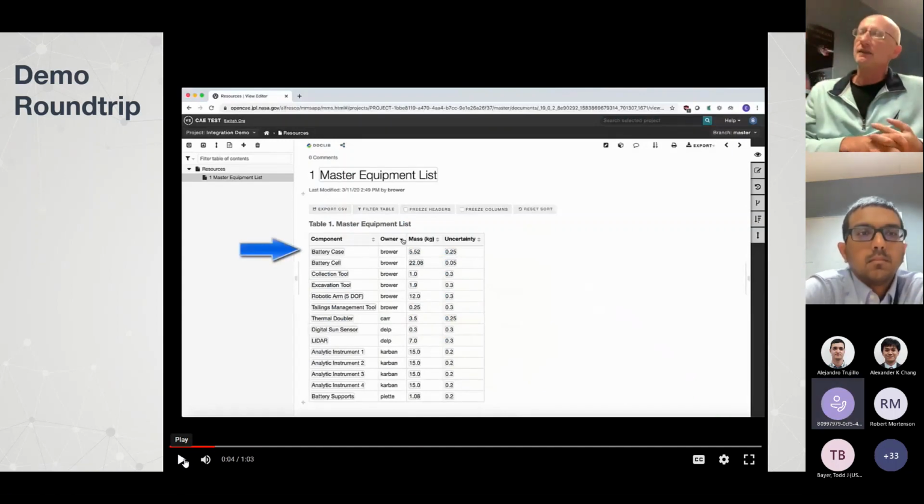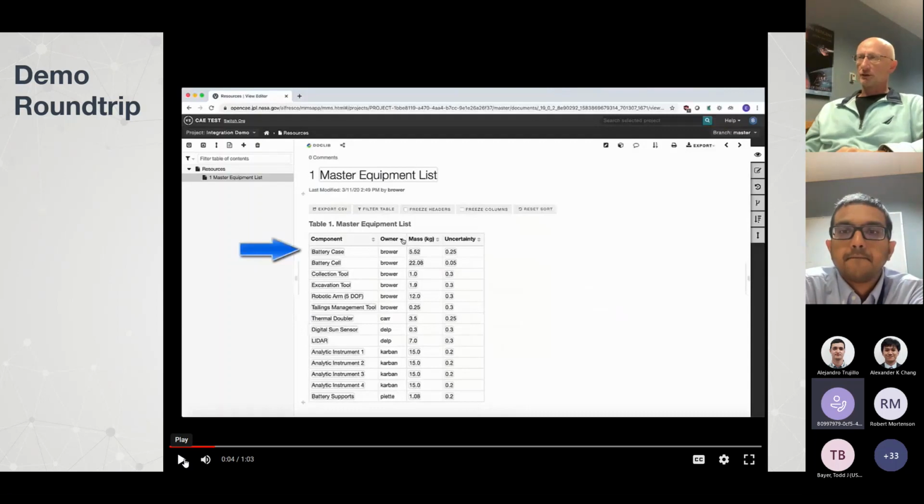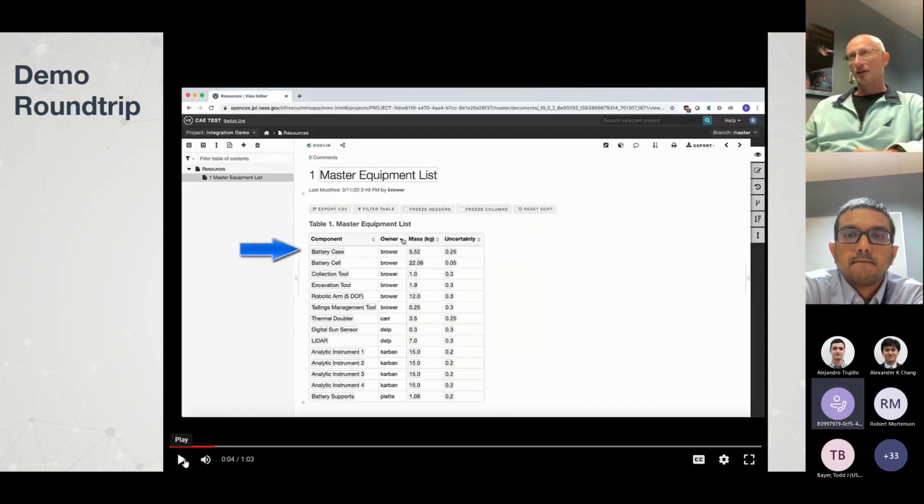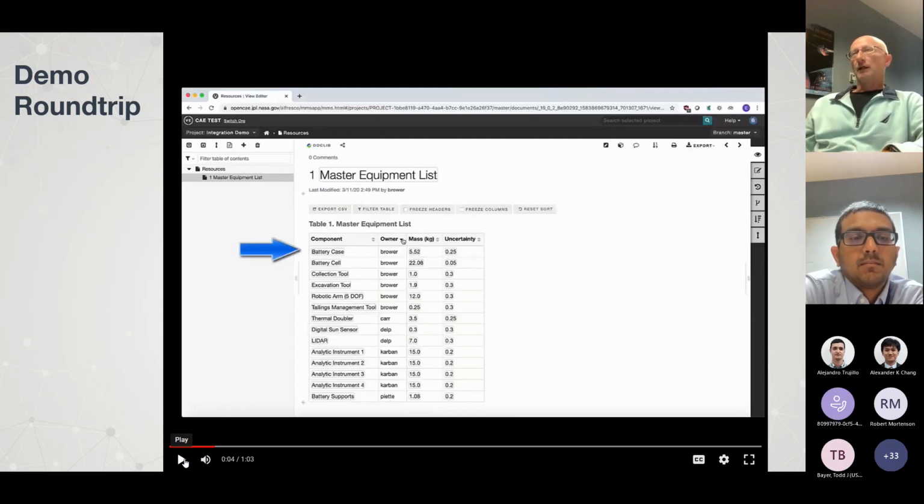So what you see here is one implementation of View Editor. The architectural versions of the OpenMBEE infrastructure are named after Futurama robots. So this is the Execubot version. And what you see is View Editor, which is the web application to author your engineering documents. And what you see here is two parts.